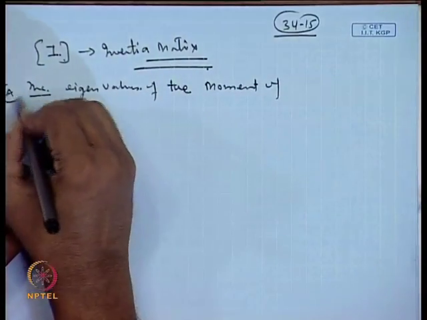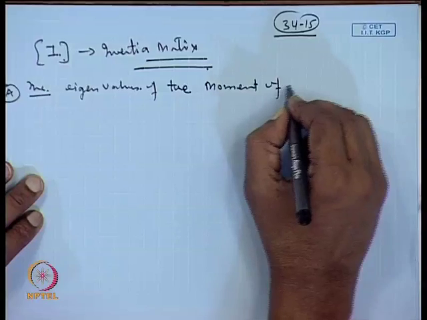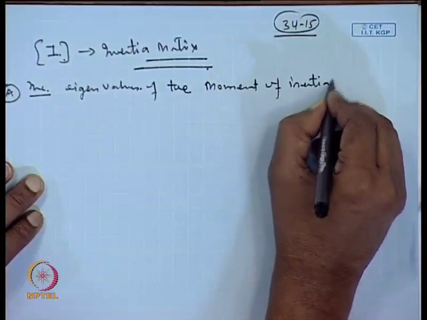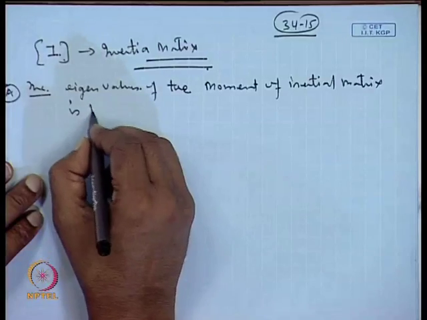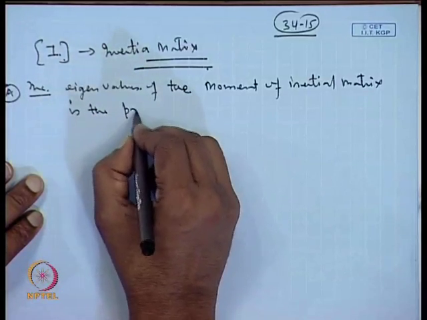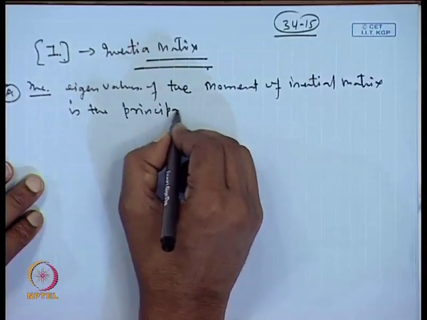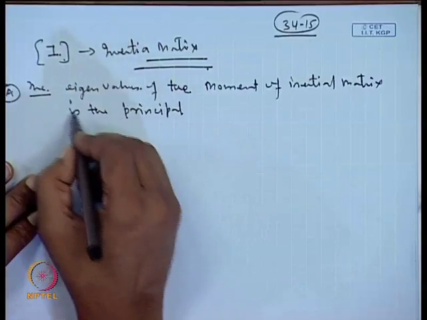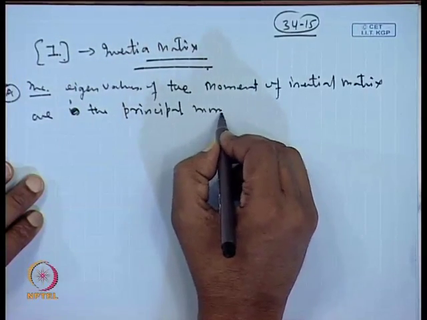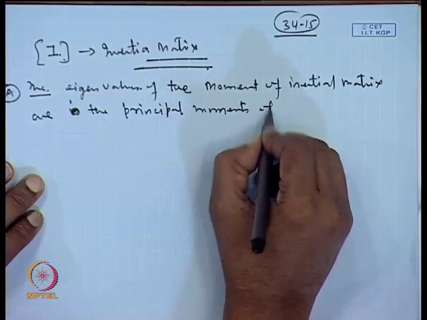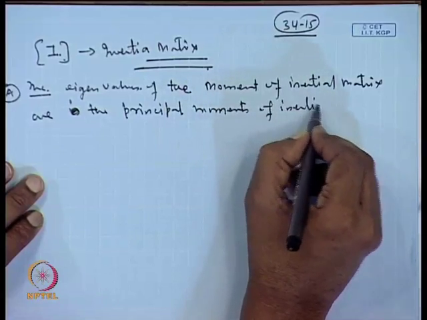So, the eigenvalues of the moment of inertia matrix are the principal values, the principal moments of inertia.